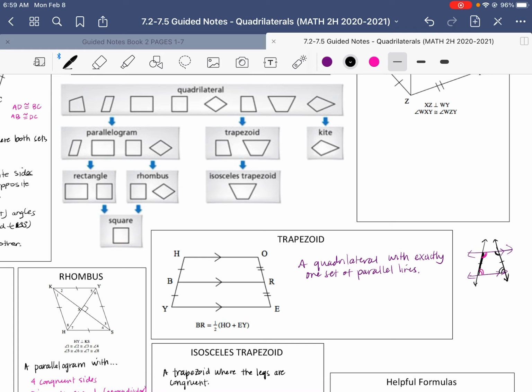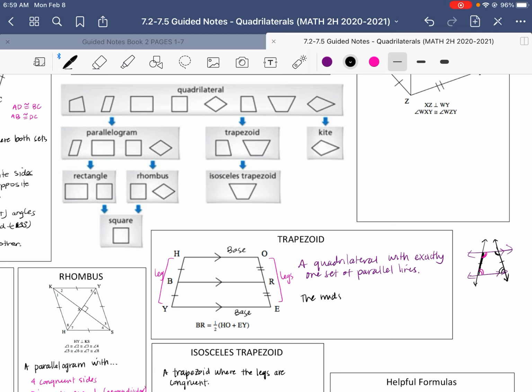And again, we call the top a base, and we call the bottom a base. And we call the two sides of our trapezoid the legs. So there's a leg and there's a leg over here. One of the cool things about a trapezoid is that trapezoids have what we call a mid-segment.